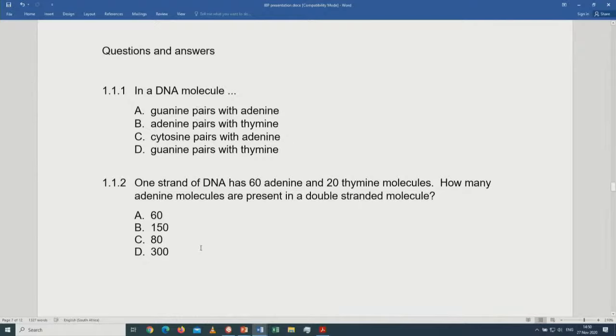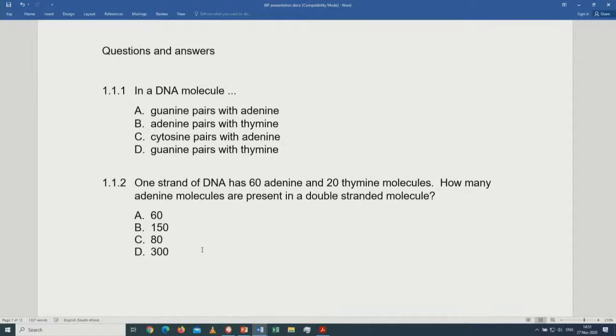One strand of DNA has 60 adenine molecules and it has 20 thymine molecules. How many adenine molecules are present in the double-stranded molecule? Now this is a very good question. This question indicates that DNA has 2 strands. It is double-stranded.